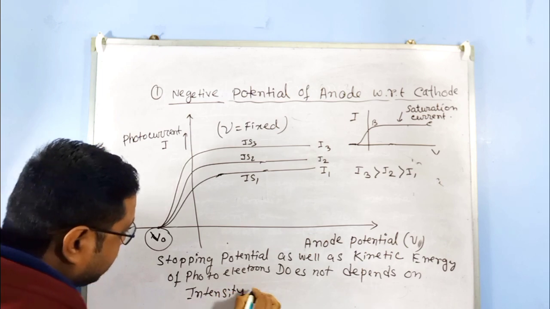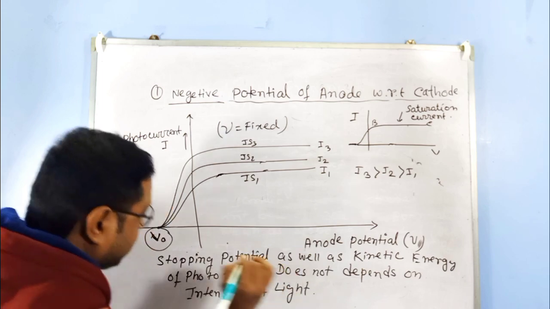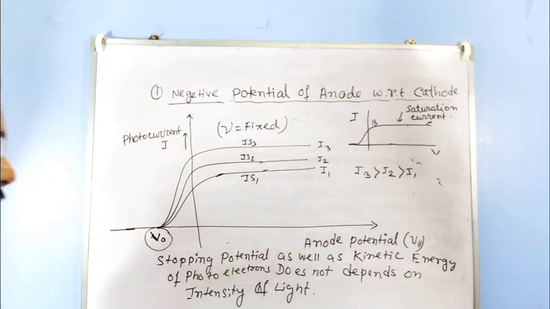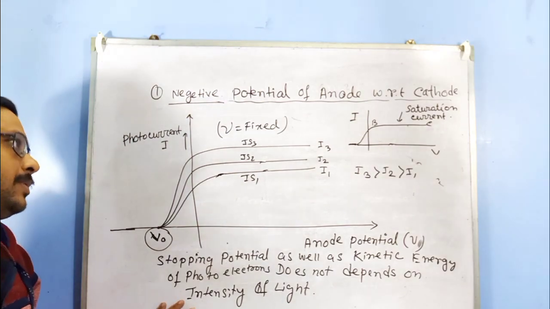That is, they are independent of the intensity of light. This is another outcome of the photoelectric effect.